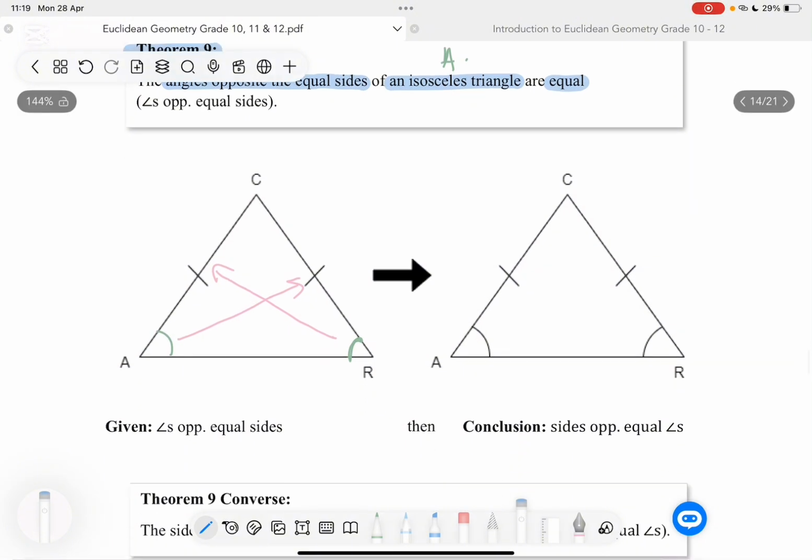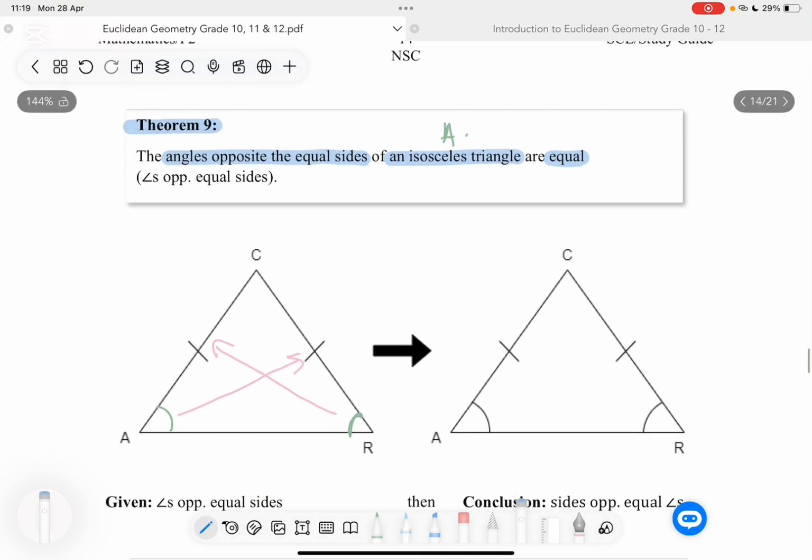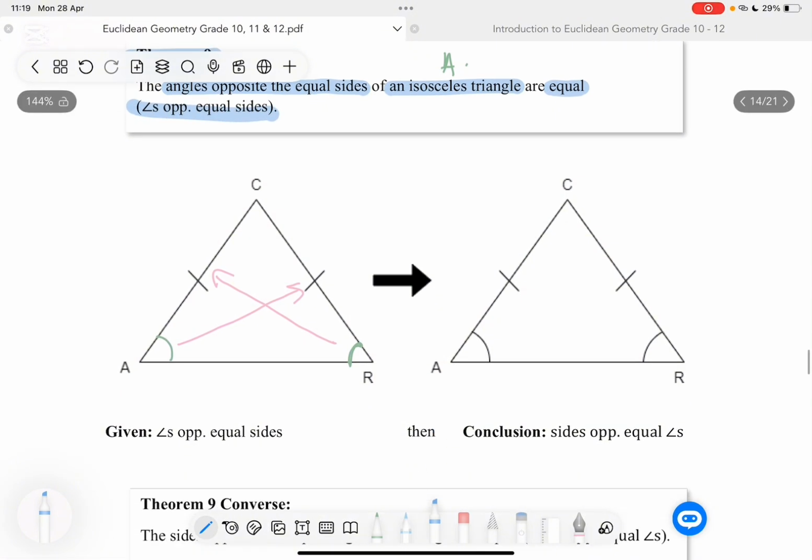So that's what we're concluding here: if we have angles opposite equal sides, because we just take the first part of the theorem and make it the short version of the theorem, if we have such a situation, we can conclude that the angles opposite equal sides are the same.